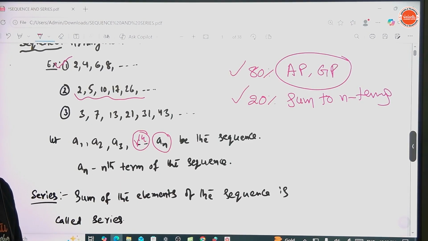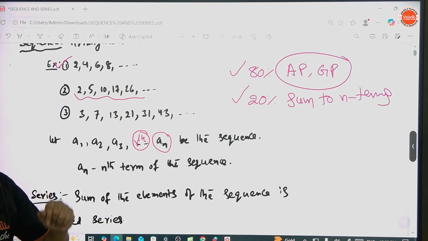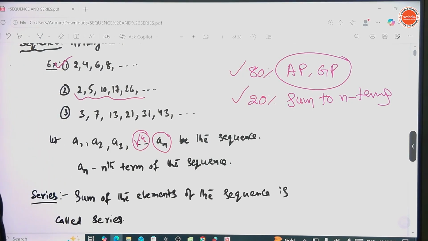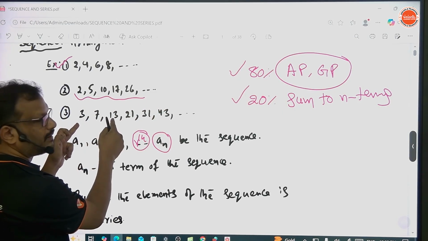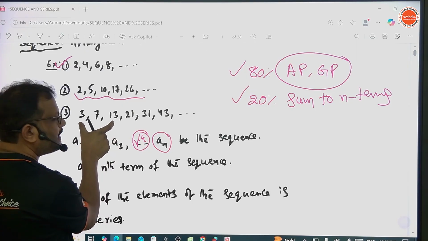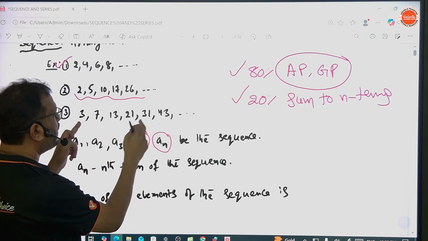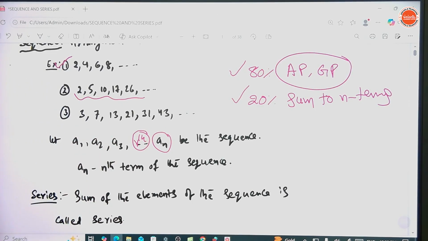Like this is the sequence, and the sum of the elements of the sequence is called a series. For example, if you add these three, it is called a series. If you add all these 6 terms, that is called a series. Sum to n terms of the sequence is called a series.